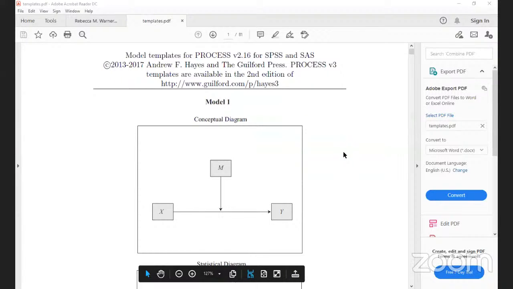I'm sharing this slide, sir. Okay, sir, can you see this slide? Dr. Prasad, can you see this slide? Process model number one. Please inform me.